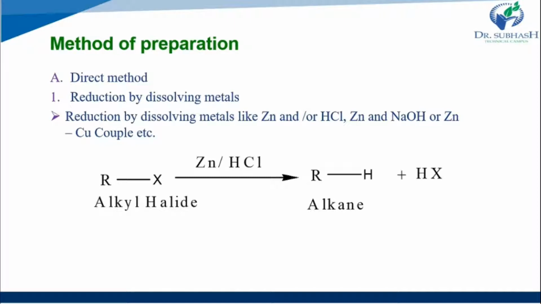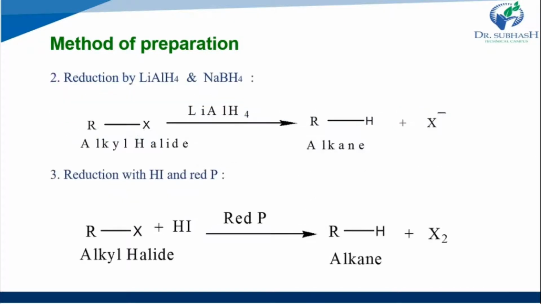Alkyl halide reacts with Zn and HCl to make an alkane, and a hydrogen halide is removed. The second is reduction by lithium aluminum hydride or sodium borohydride: alkyl halide plus lithium aluminum hydride makes an alkane. The third is reduction with HI and red P: alkyl halide plus HI in the presence of red P makes an alkane, and two halide atoms are liberated.